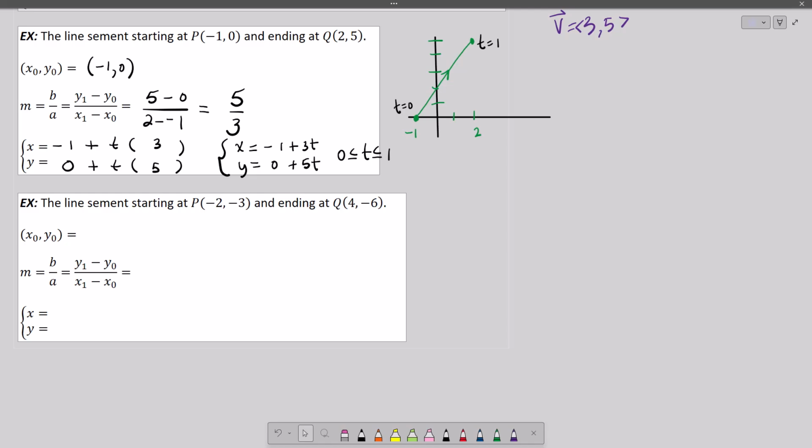What's x naught, y naught going to be? It's just that first point, -2, -3. That's going to be x naught, y naught. It's where we start. Slope: change in y over change in x. -6 minus -3 is -6 plus 3, so -3.